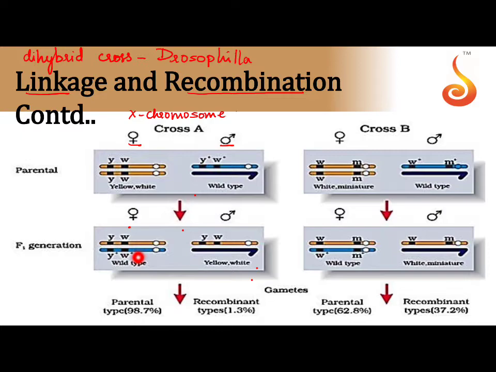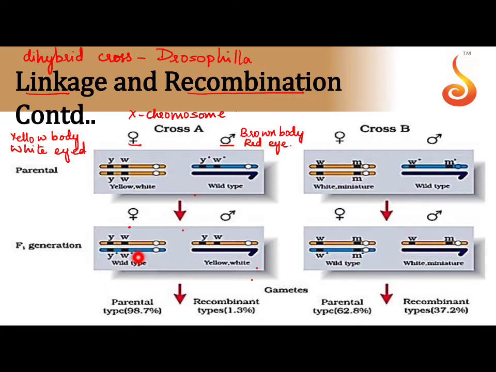So, the condition he considered was in 2 different sets. In case 1, he considered yellow body and white-eyed females, which is a recessive property, whereas he considered brown body and red eye, which is a dominant property, a wild type property, in case of males.